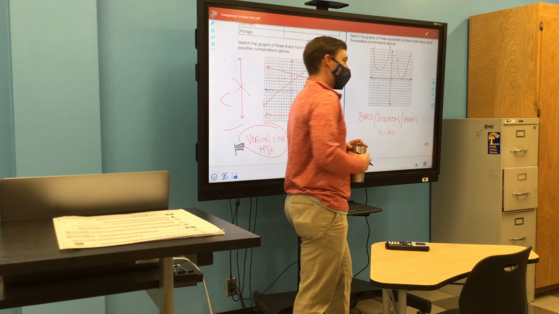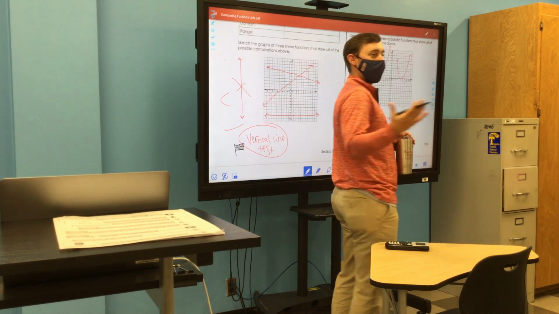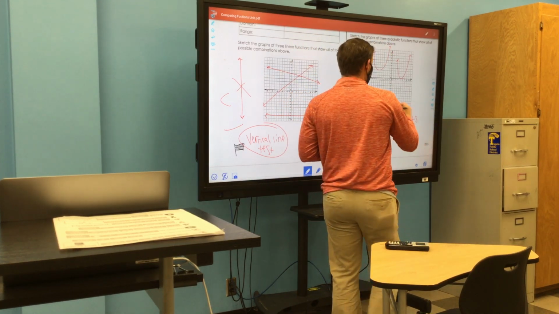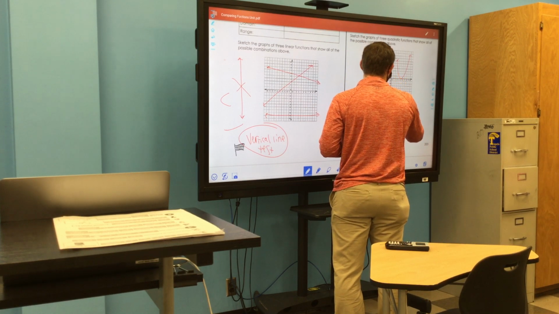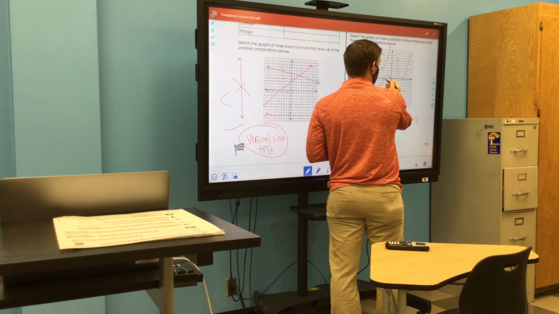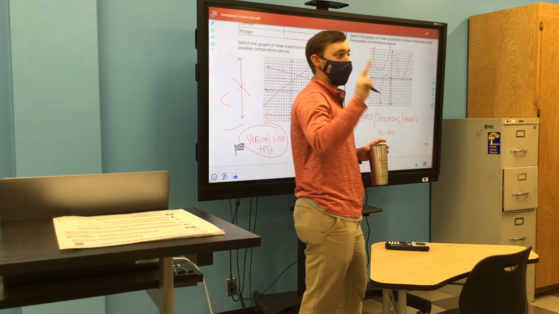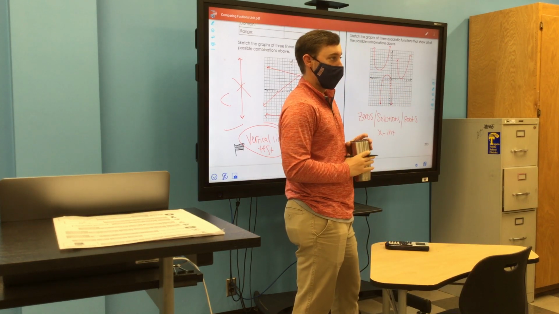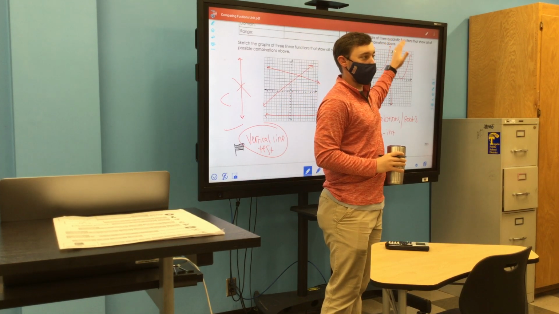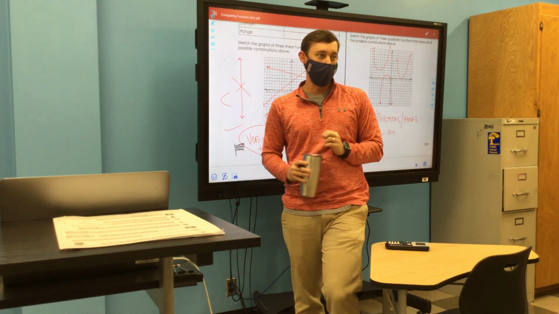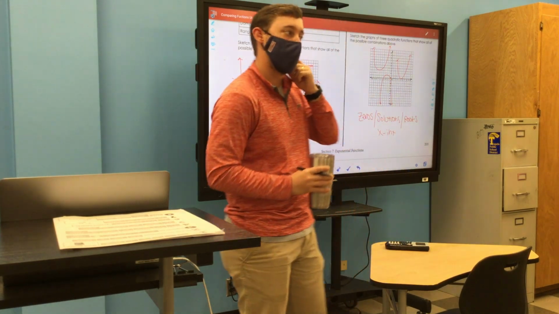Then we saw where we could have 2 solutions. That would be like us seeing a parabola that goes above the x-intercepts and then back down, where it's going to cross our x-axis 2 times. These are the only 3 ways you can see a quadratic function.